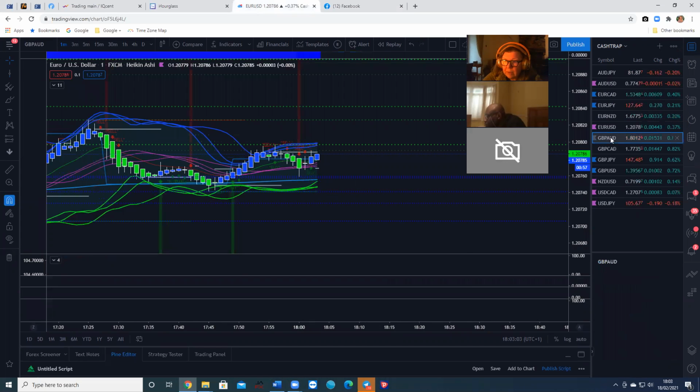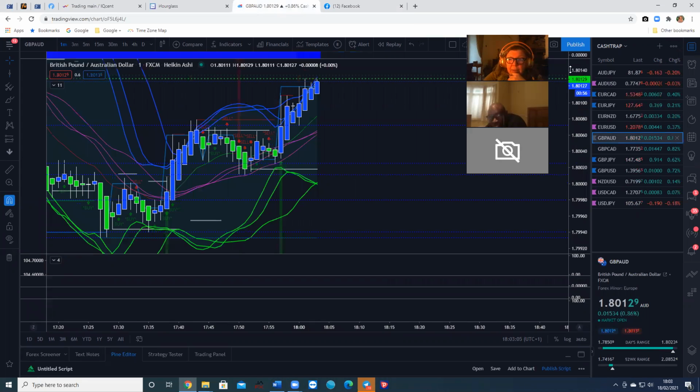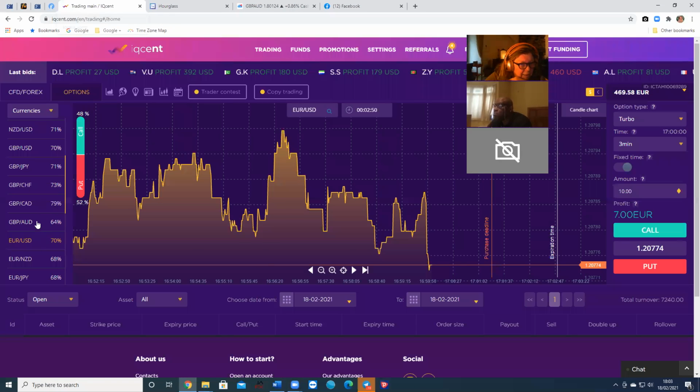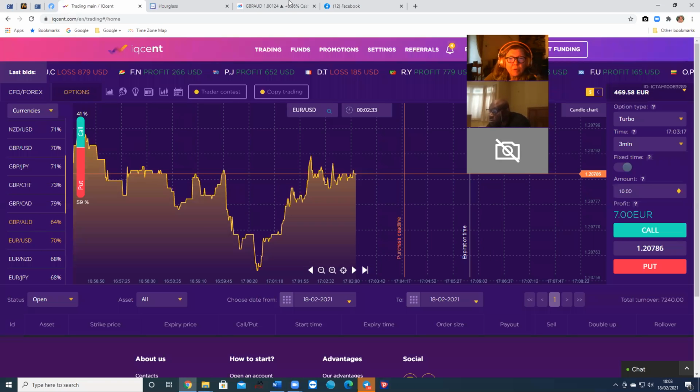GA, well, that's interesting, but we know GBP is quite a lot stronger, we know it's very volatile. It's paying out GA at 64, so I'm not interested in that.